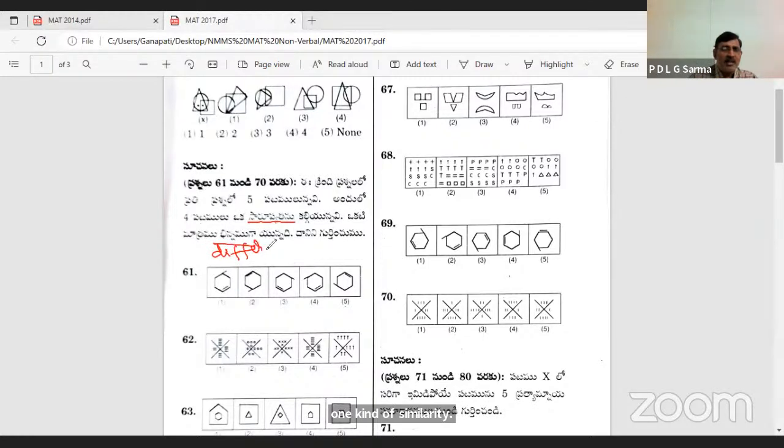Means it is like, again, finding the odd man out. So in these figures, you have to identify which is different and why. You have to give the reason. Right? You have to tell me which is different and why.